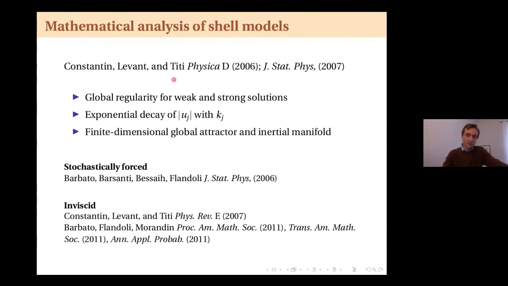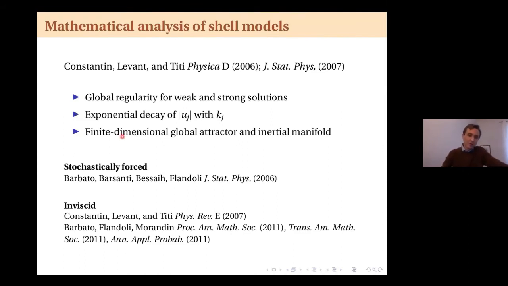For example, they proved existence and uniqueness of weak solutions, of strong solutions, and the fact that if the forcing decays exponentially with the wave number, the velocity variables also decay exponentially. As Idris reminded us last week, this is an indication of the existence of a viscous scale and therefore a viscous range.